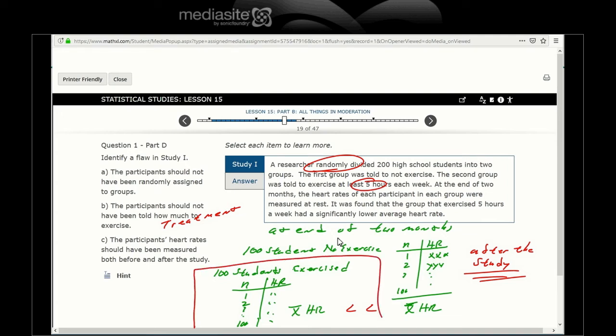For these exercise guys, maybe they were already heavy exercisers. Or maybe the other ones were heavy exercisers and we told them to not exercise. So it's always good to have a before and after, what's called a baseline. There was no baseline.